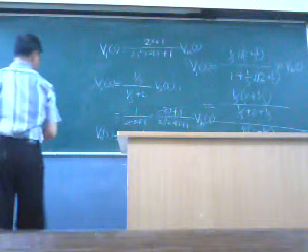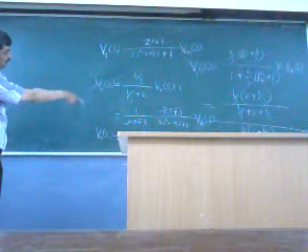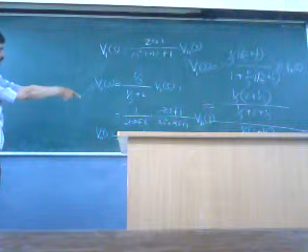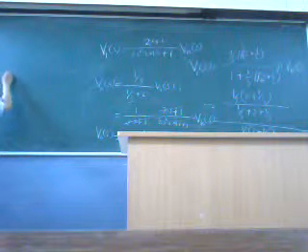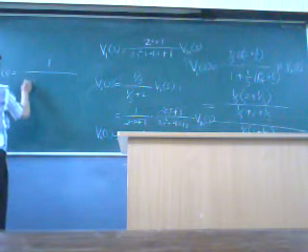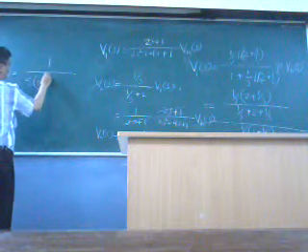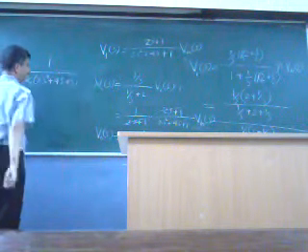So we have got finally. Is there anything wrong here? So VOS is equal to 1 upon S into bracket 2S square plus 4S plus 1.